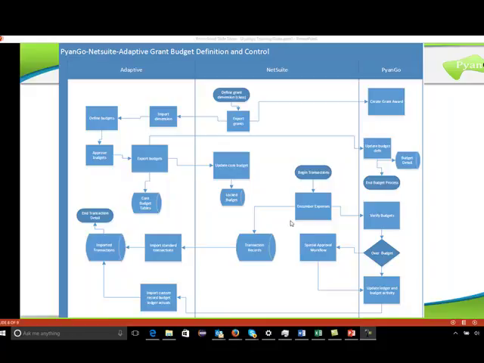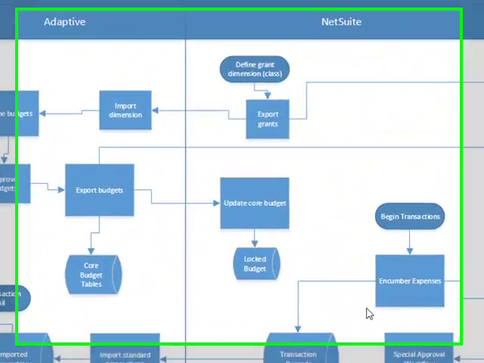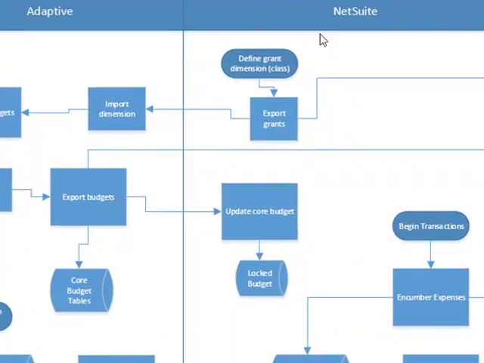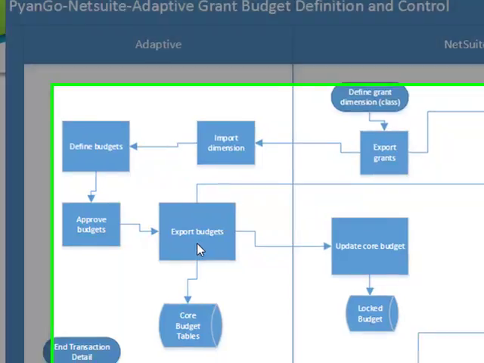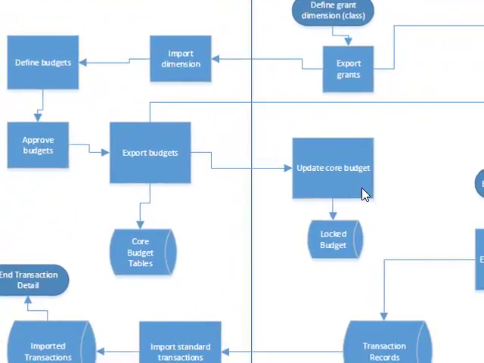Typically, you will not be using PyanGo to manage budgets directly in this fashion. You will use a tool such as NetSuite's Advanced Financial Planning, otherwise known as Adaptive, to create budgets. Budgets can be exported into spreadsheets from Adaptive or other tools. This flowchart shows the process of defining budgets, approving them within Adaptive, then exporting them from Adaptive.